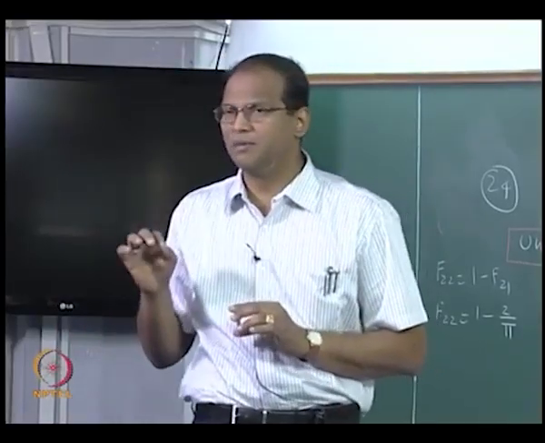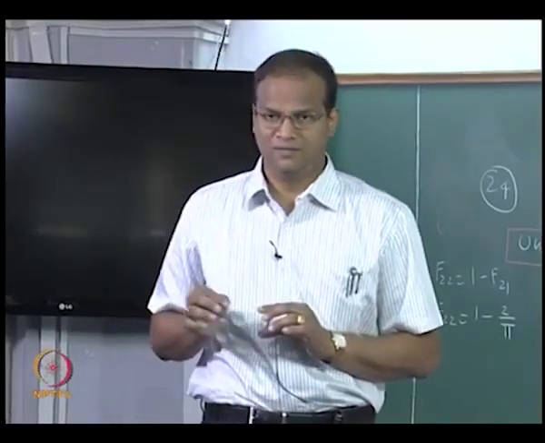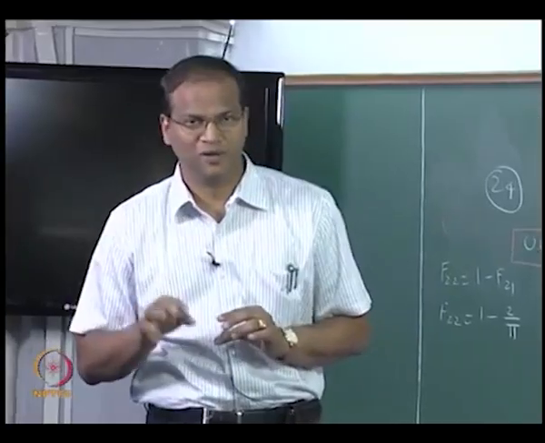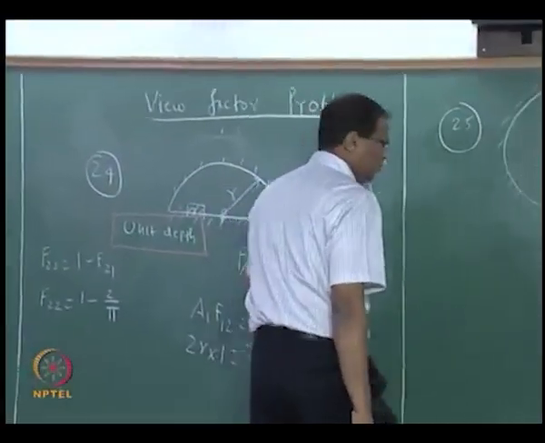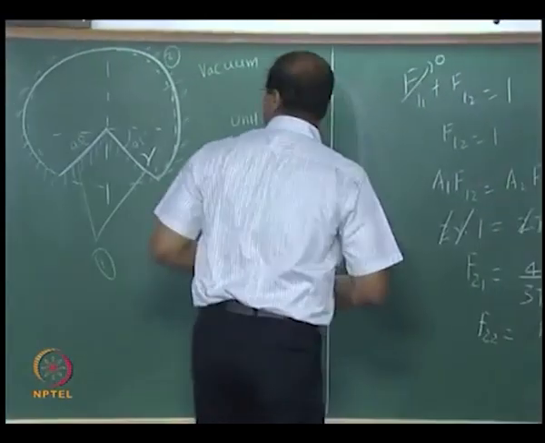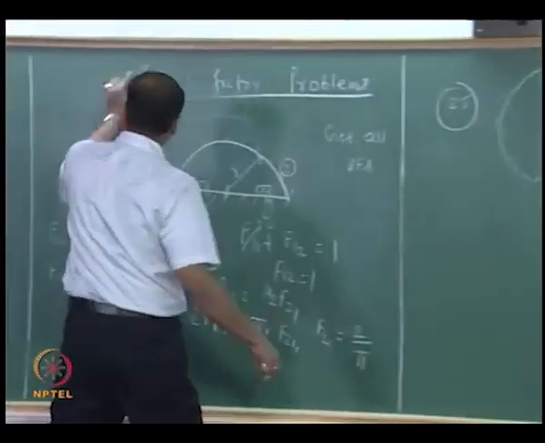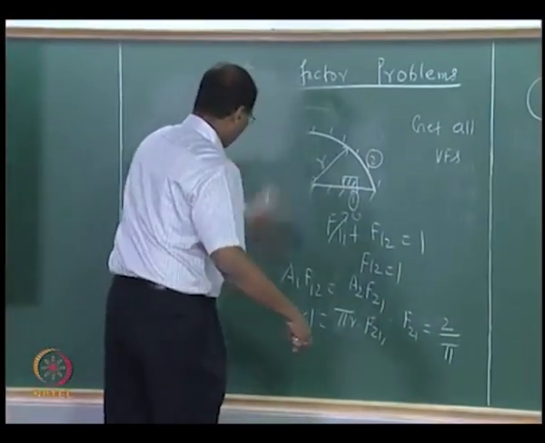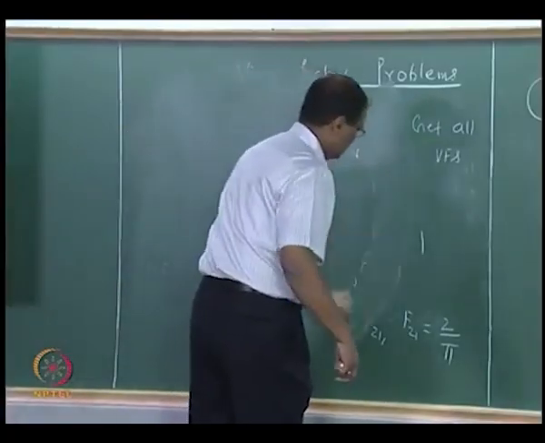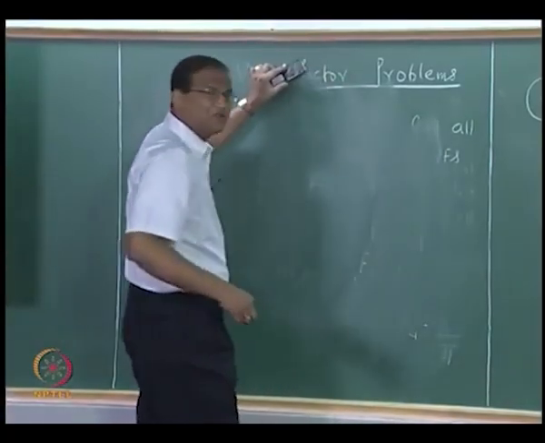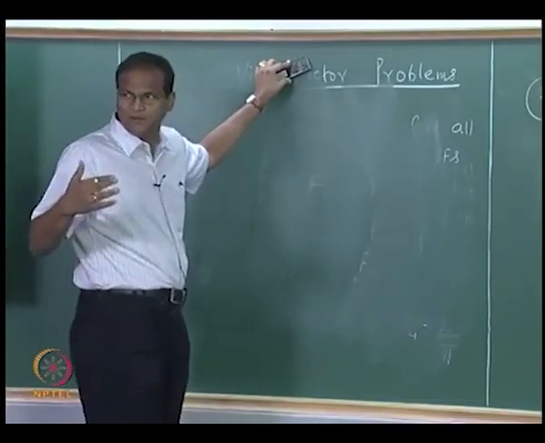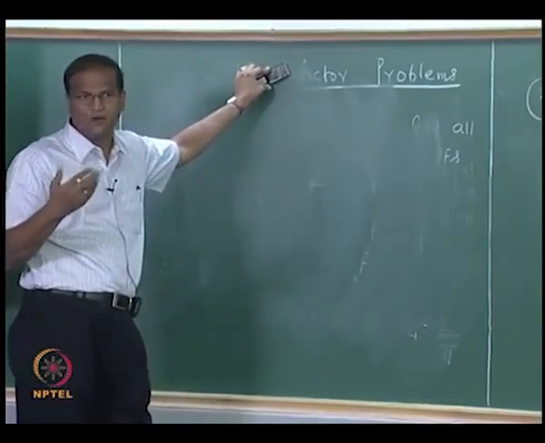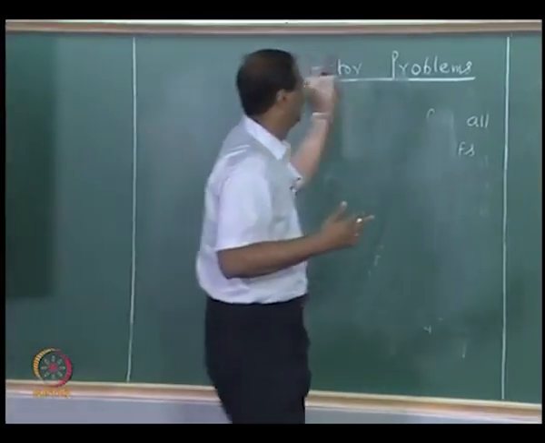Even a simple problem requires some fundas, you cannot just blindly use the formula. Let us look at a problem where you have to get view factors with first principle integration. Because we have worked on so many problems in the last few classes, I hope all of you are comfortable with view factor algebra by now.